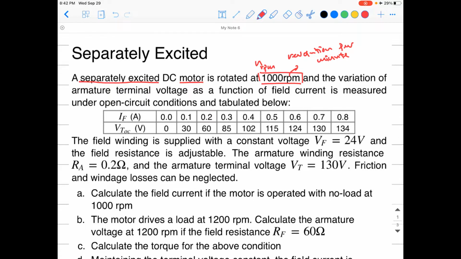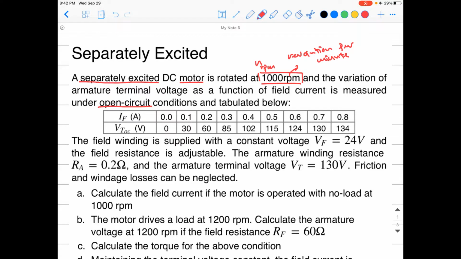And the variation of the armature terminal voltage as a function of field current is measured under open circuit conditions in this table. So he's doing what we call the open circuit test. That means he's leaving the armature terminals open circuited, not connecting them to anything, and changing the field current by controlling the field circuit. Because it's separately excited, you have a separate source for the field winding.